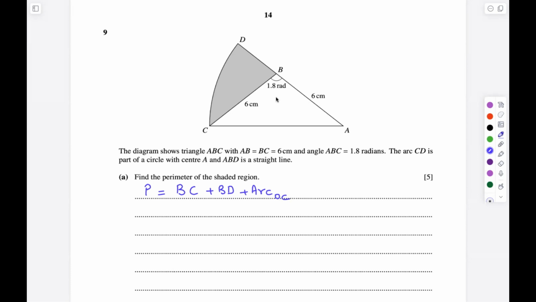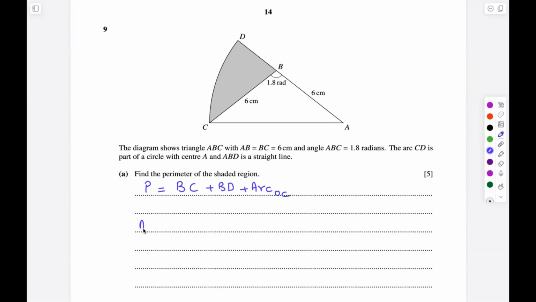Now, as two lengths and the angle between them is given, we can apply the cosine rule to find the length of AC. So AC will be equal to 6 squared plus 6 squared minus 2 into 6 into 6 cos of 1.8, and then taking the square root, that will be equal to 9.40 centimeters for the length of AC.